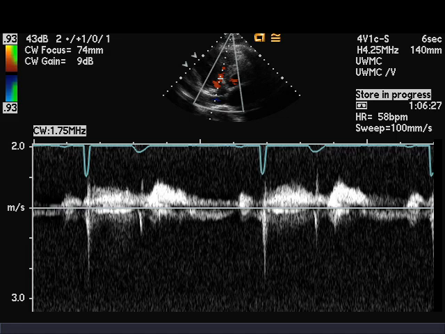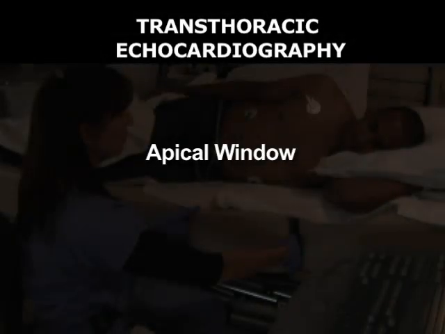In this normal individual, the signal is too weak for accurate measurement. When a clear signal is obtained, the maximum velocity is used to estimate pulmonary artery systolic pressure.